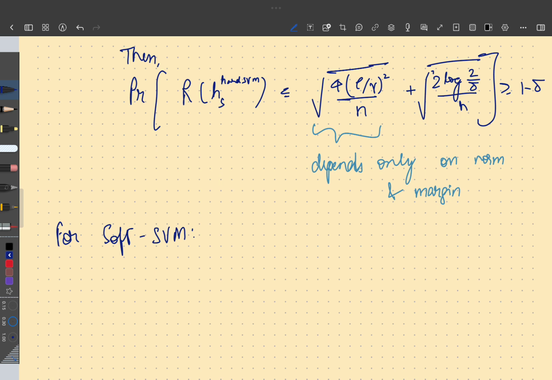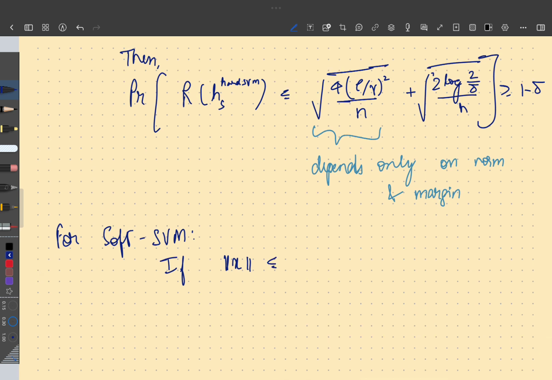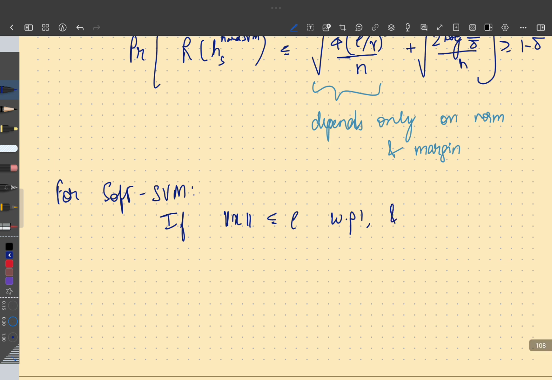Okay, so if again the norm of x is guaranteed to be less than or equal to rho with probability 1, then, and you're only restricting yourself to classifiers for which norm of w is less than or equal to b.